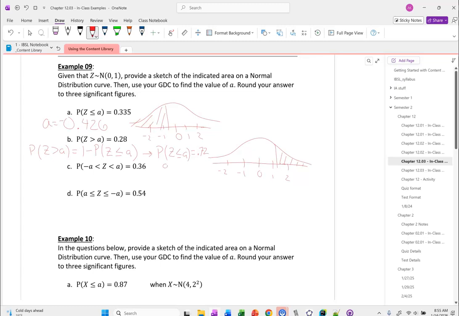And the area is 0.70. Correct. Is it right? Yep. Wait, no. We wrote it as a less than or equal to.